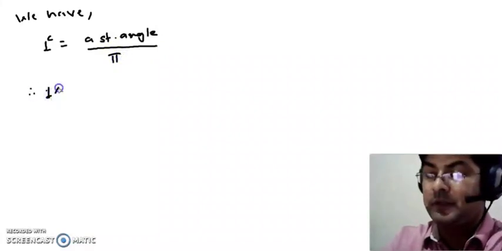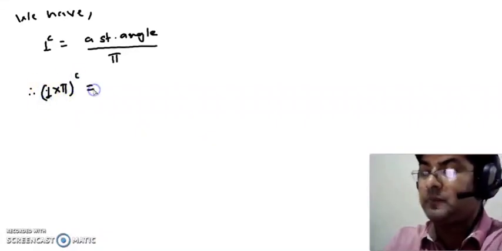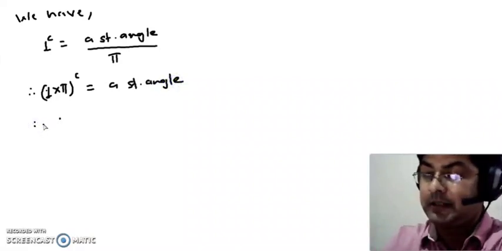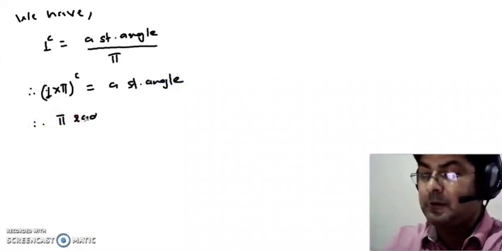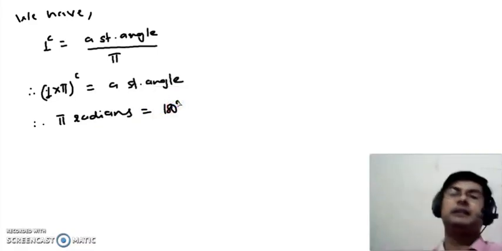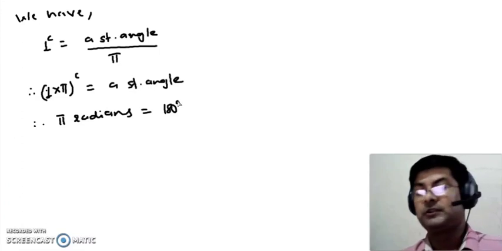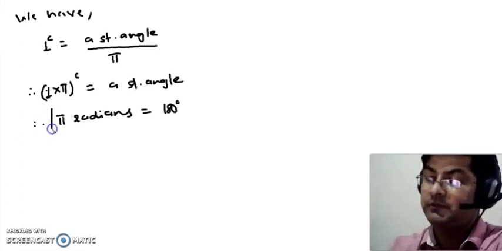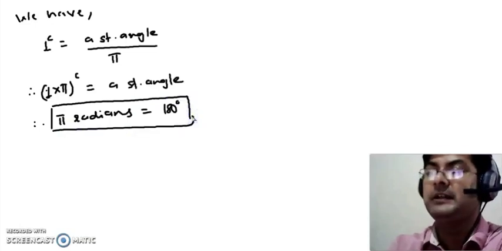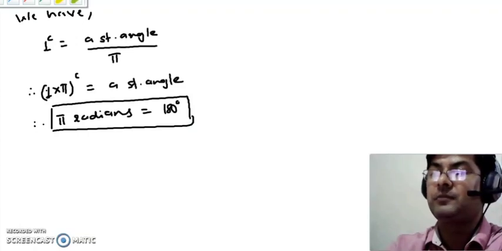Therefore, if you multiply pi with 1 radian, 1 into pi radians is equal to a straight angle. Now a straight angle in degrees units is 180 degrees, and therefore pi radians is equal to 180 degrees. Clear? So this is the relationship which we are going to use: pi radians equal to 180 degrees.